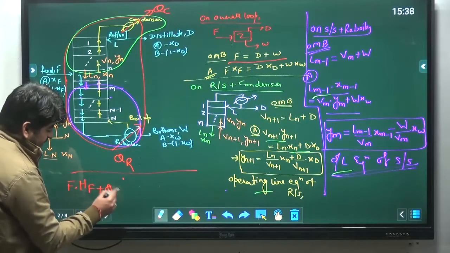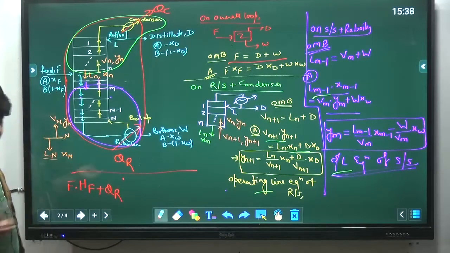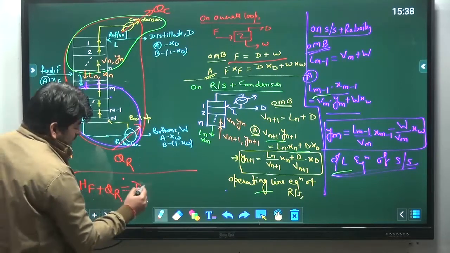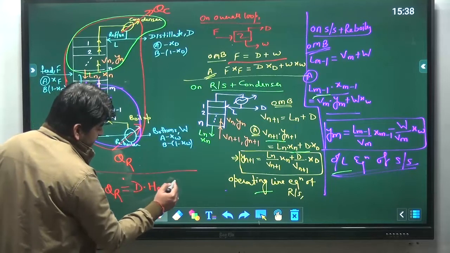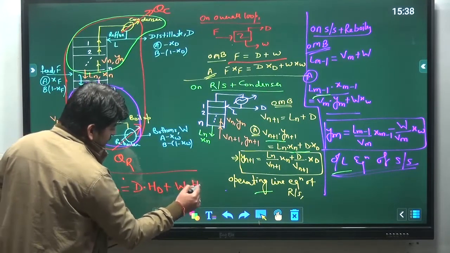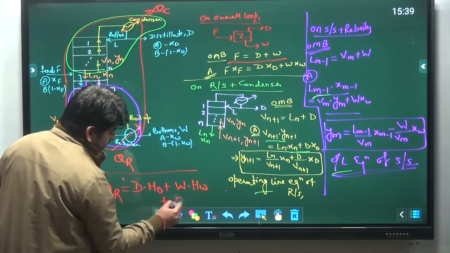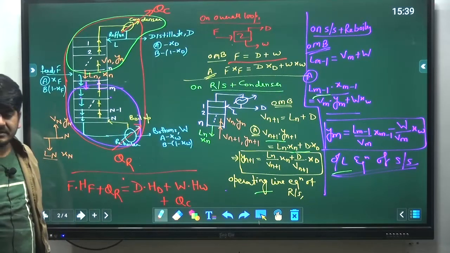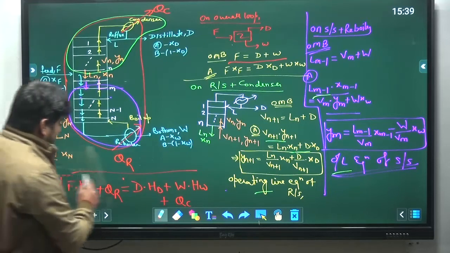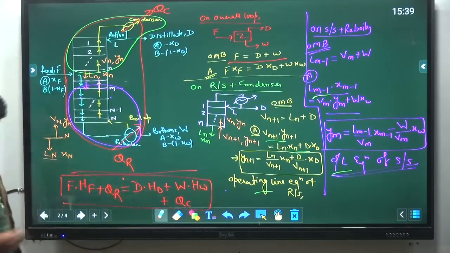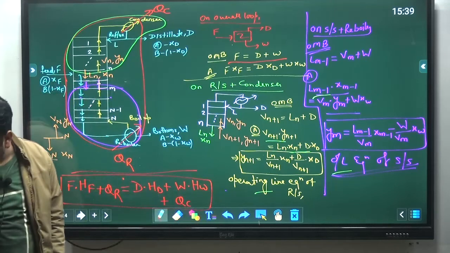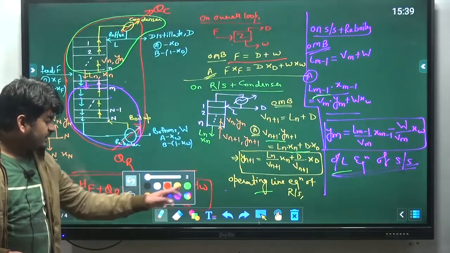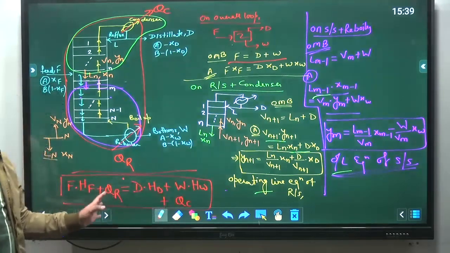Plus QR, heat going into the reboiler, equal to total energy out, D into HD plus W into HW plus QC. QC is the heat leaving the condenser. So this is the energy balance equation for the overall loop. I hope it is visible to all of you. Is it clear? Can you understand this point?